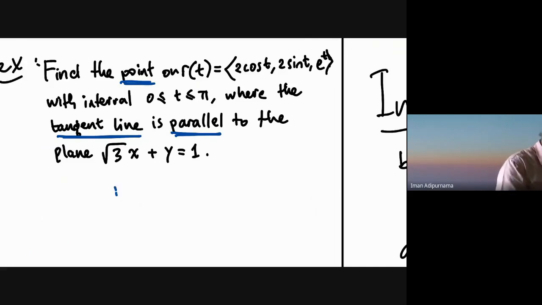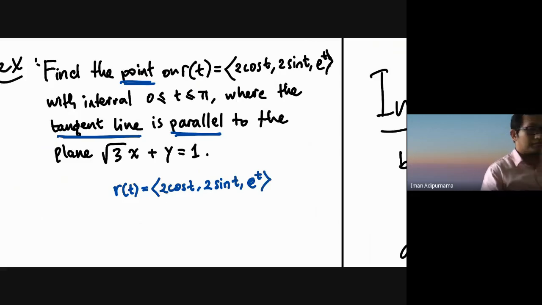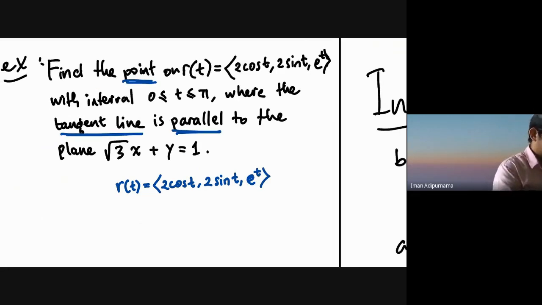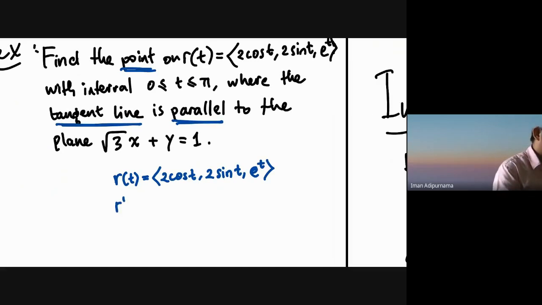Let me write the r here, rewrite the formula. So r is 2 cosine t, 2 sine t, and e to the power of t. Now let me take the derivative and see what the tangent looks like.